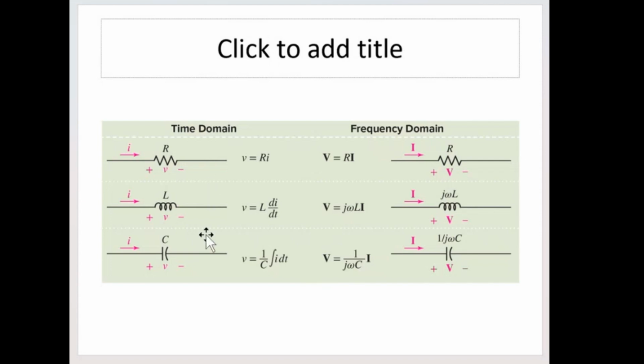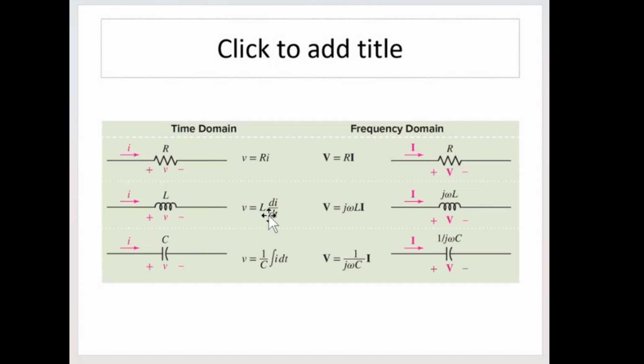Essentially, these are all the time domain equations. And as you can see, we have them also in the frequency domain, using the concept of phasors. The first one is the same for time domain and frequency domain. But the second one is about the inductor. In the time domain, voltage equals the inductance times the derivative of the current.